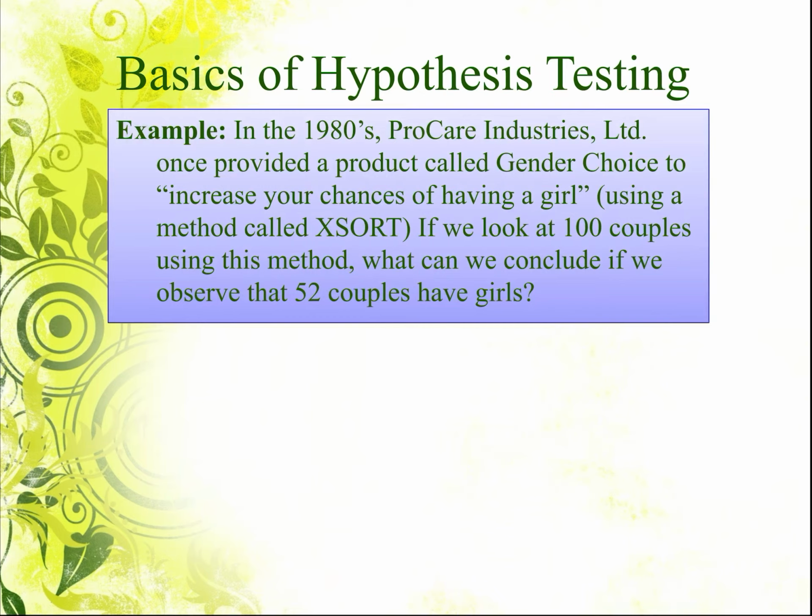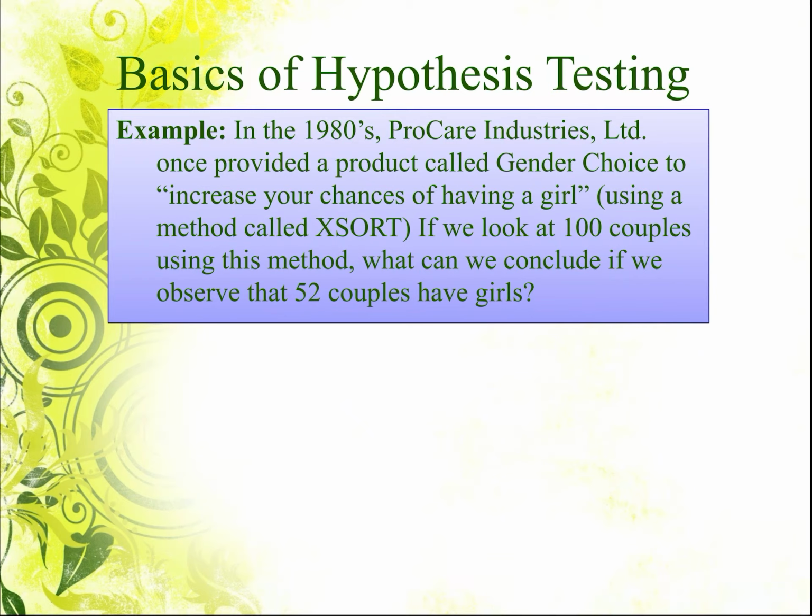Okay, so for example, in the 1980s, a company called ProCare Industries Limited once provided a product that was called Gender Choice to, quote, increase your chances of having a girl, using a method called X-sort. If we were to look at 100 couples using this method, what can we conclude if we observe that 52 couples have girls?